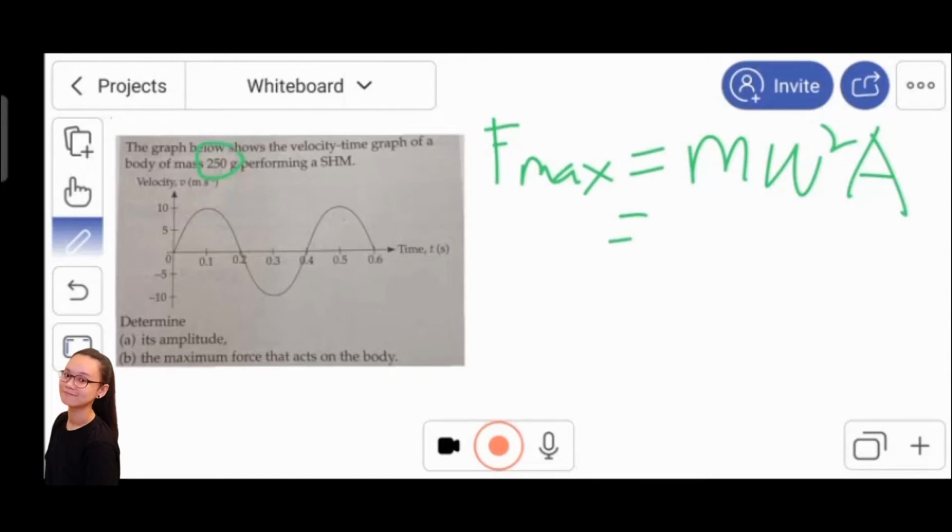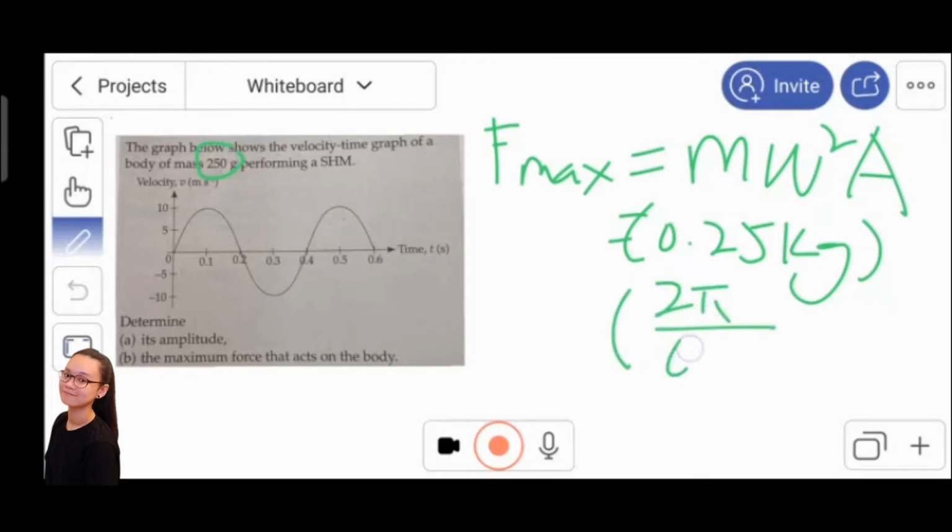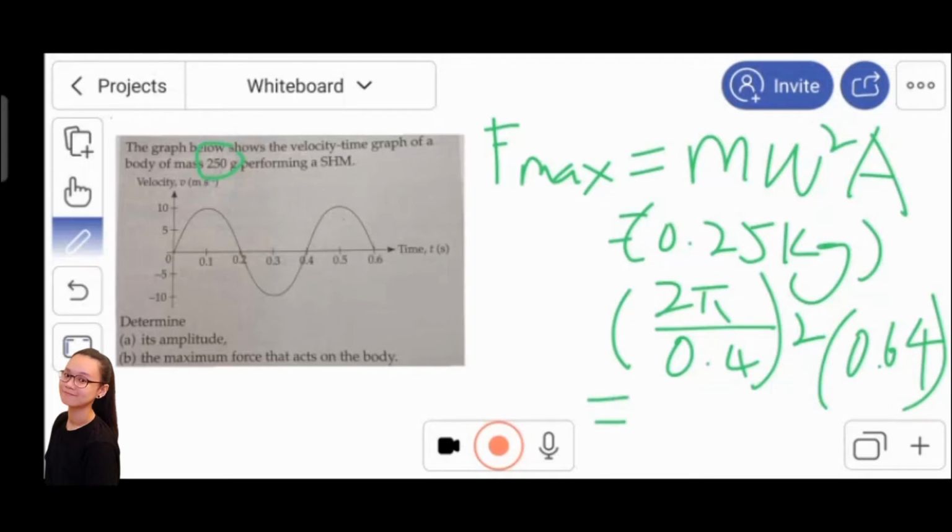So let's sub it in. 0.25 must be changed to SI unit, and the omega is 2 pi over 0.4, squared. Amplitude is 0.64. So it is equal to 39.5 Newton.